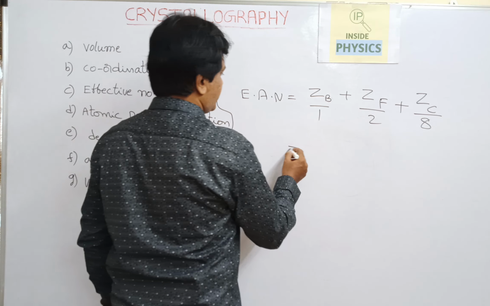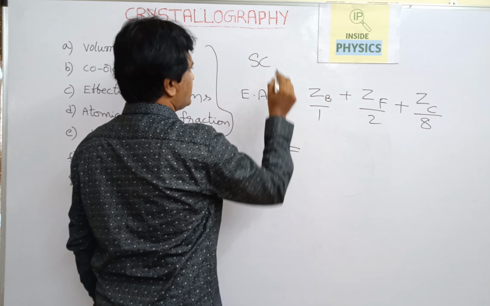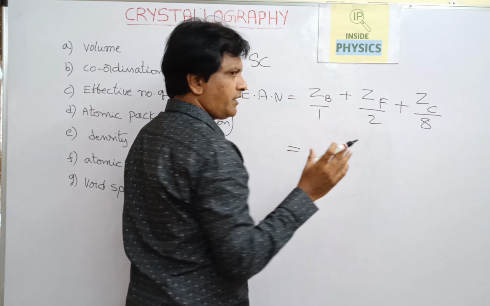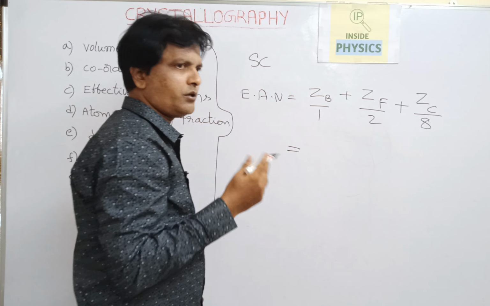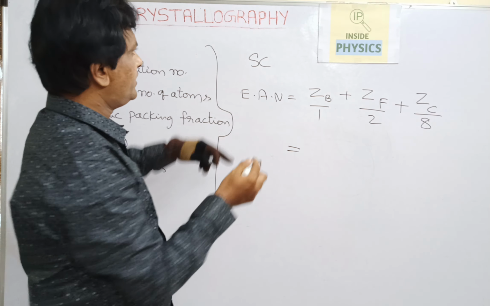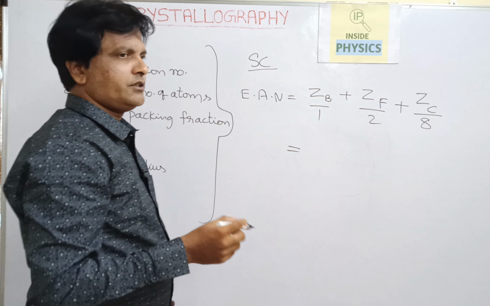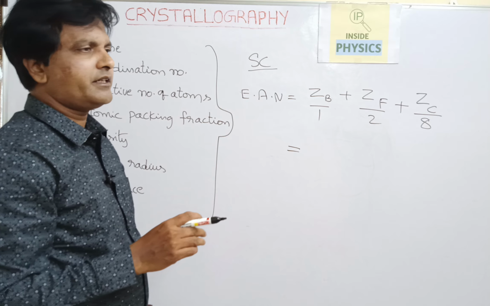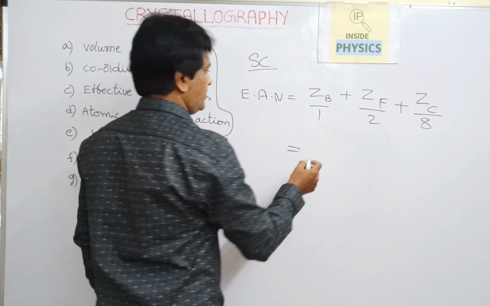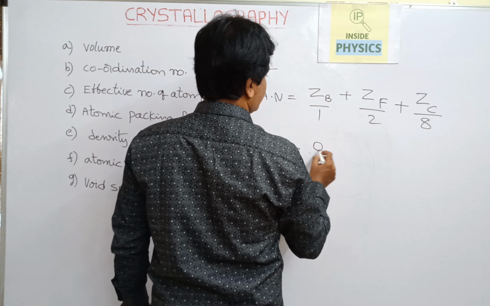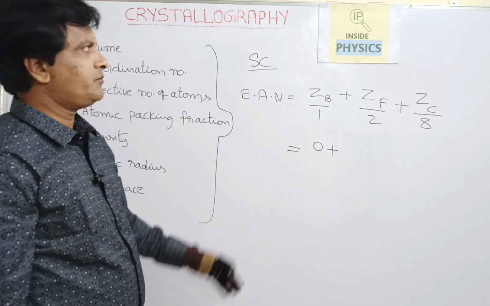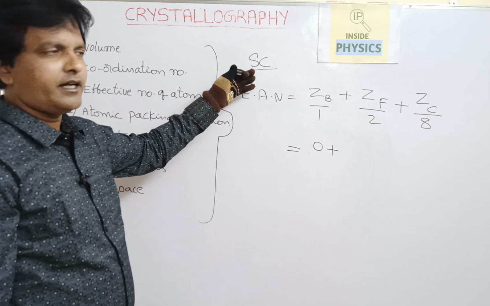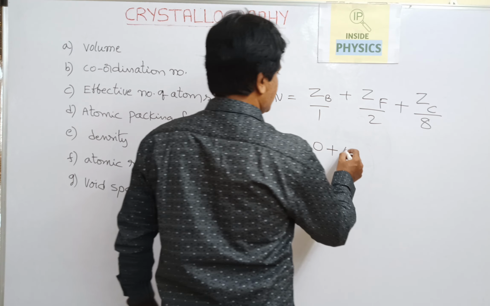Here, when you are considering the simple cubic structure, the number of body centered atoms is 0. There will not be any body centered atoms because we are considering the simple cubic. Simple cubic always has the atoms at its corners only. So it is 0 plus the number of face centered atoms is also 0, because it only has atoms at the corners.